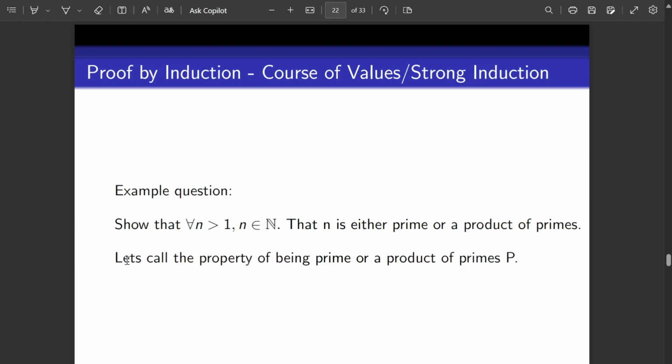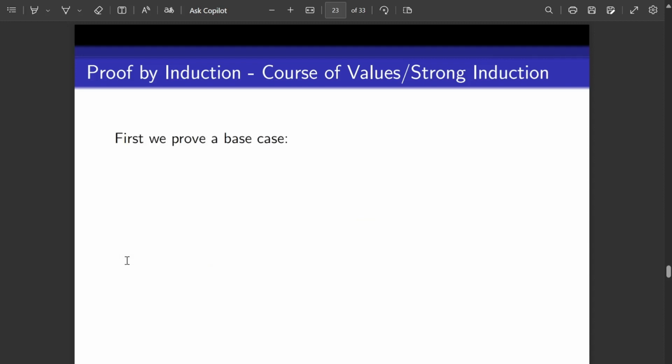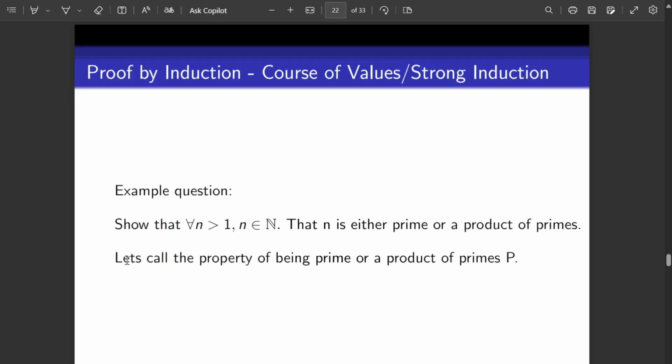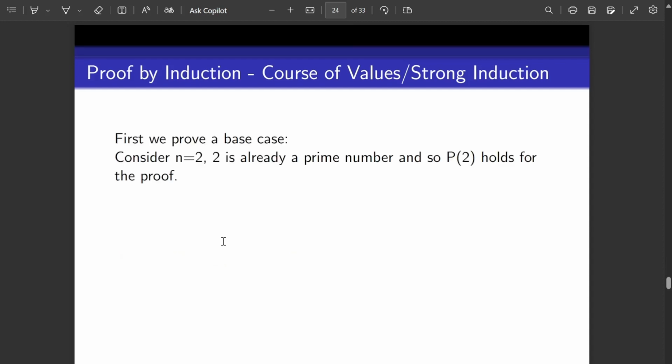Let's call the property of being prime or a product of primes P. First, we prove a base case, like any old regular induction. Since n has to be greater than 1, we pick 2. There isn't really much to say because 2 is already prime, so it is either prime or a product of primes.